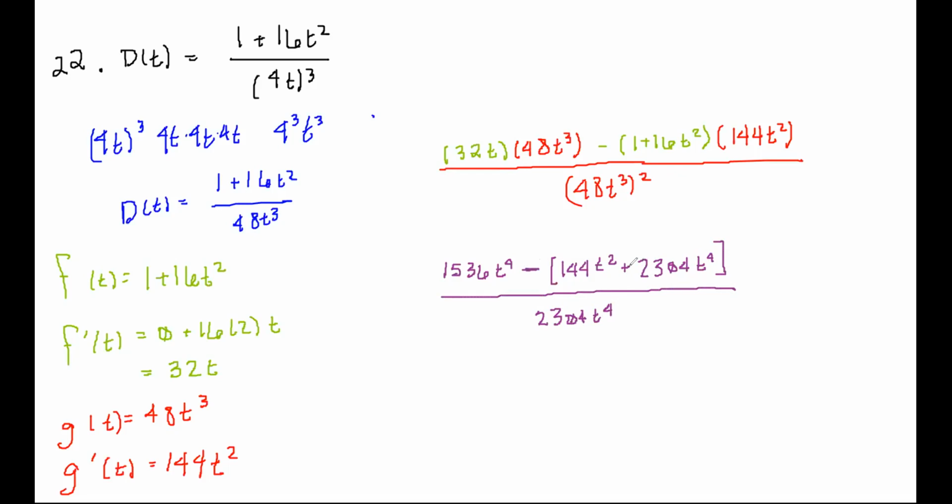I'm just going to distribute that minus sign so I don't have to rewrite the whole thing. So that will be 2,304 minus that. So what we're going to be looking at is 768 t to the 4 minus 144 t squared all over 2,304 t.